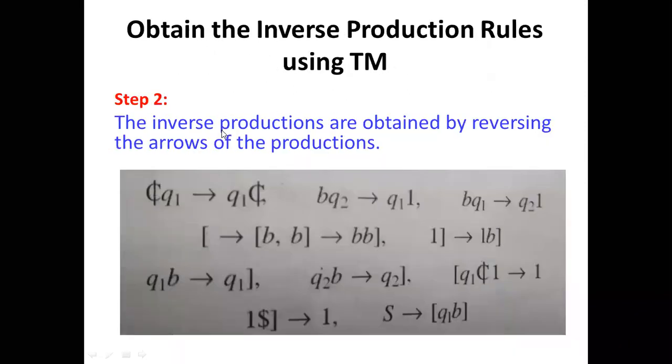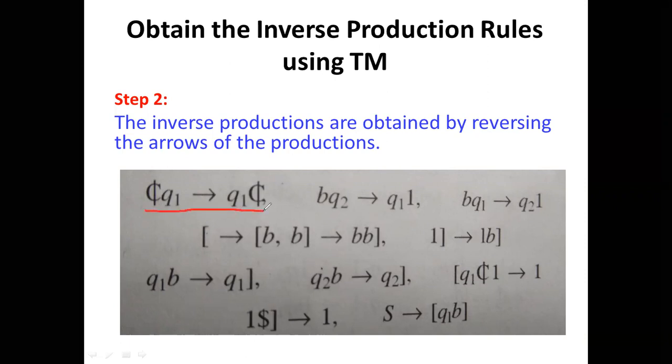So now we get these productions and we have to apply the inverse production rules. In the case of inverse production rules, if you see the first production, that is Q1 left end marker to left end marker Q1, you have to use the inverse rules.